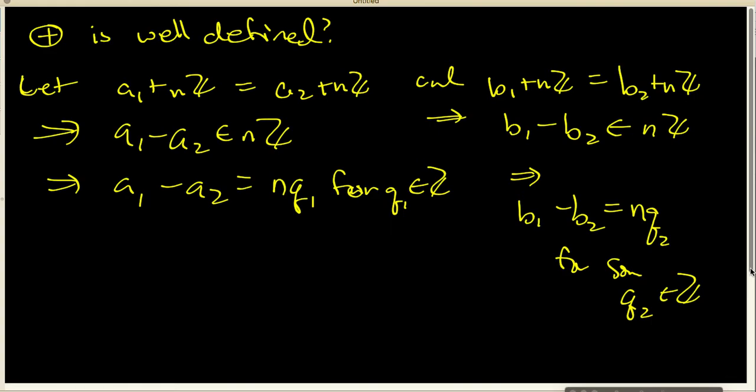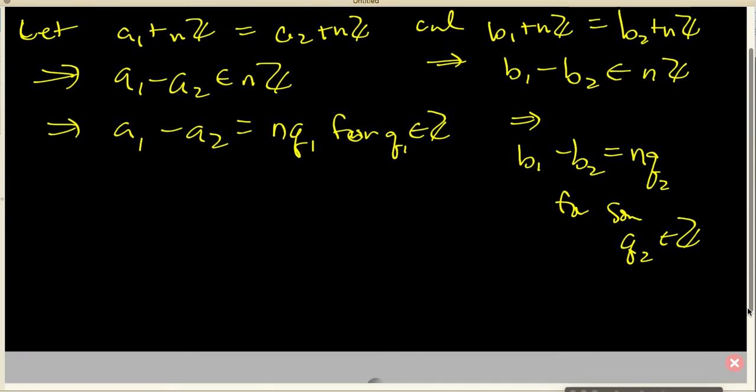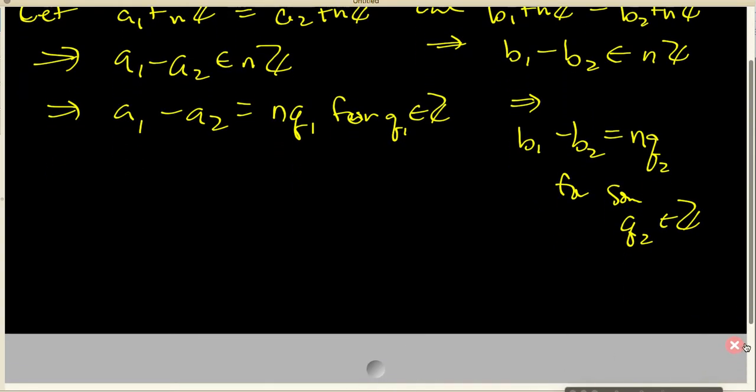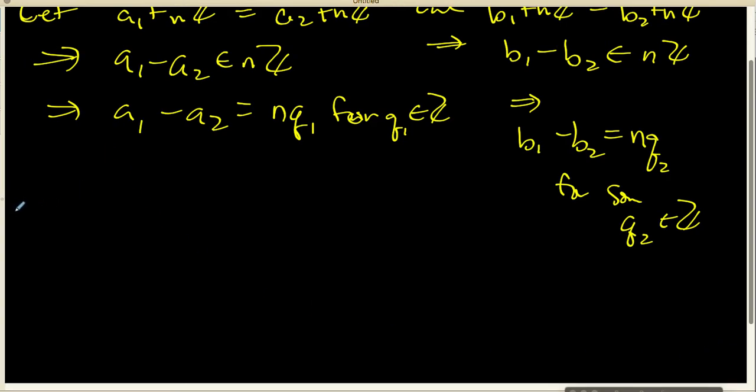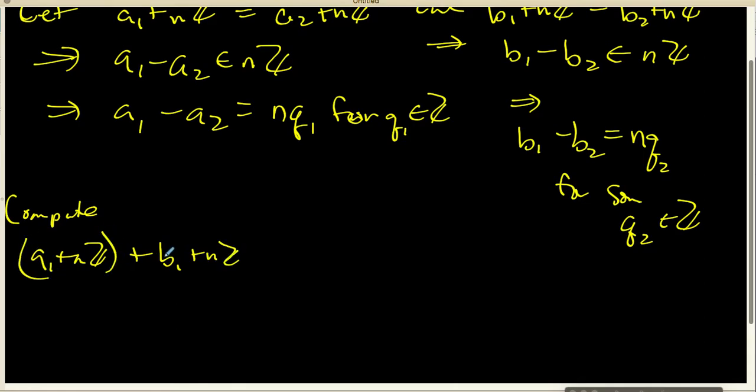I want to use these facts to show that it doesn't matter which way I add the two cosets together. So in other words, what I'm now going to look at is this idea. Let's compute (a1 + nZ) + (b1 + nZ), and when we do, we're going to get a1 + b1 + nZ.